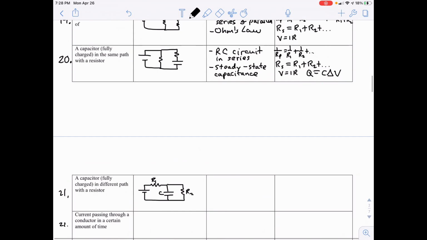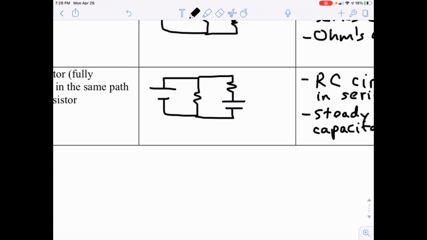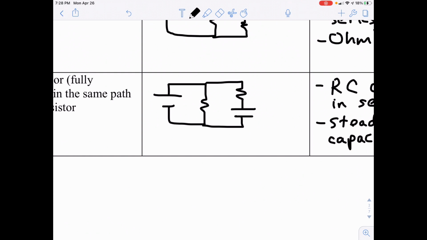Something I neglected to mention about number 20. Number 20 is specifically an RC circuit in series. Something to note about steady state capacitance. A fully charged capacitor acts like an open switch, thus eliminating current from this outer pathway, creating a very simple circuit with one resistor.